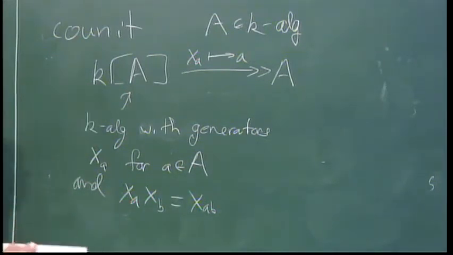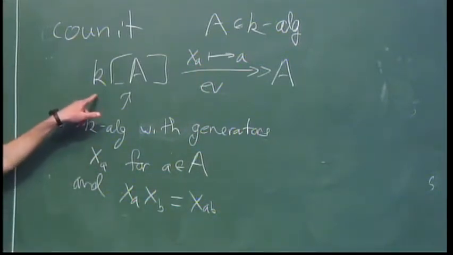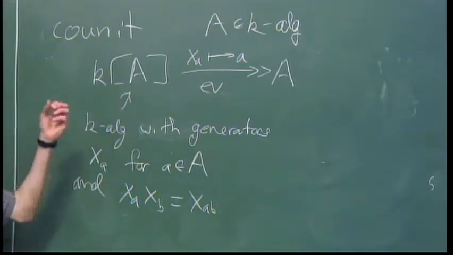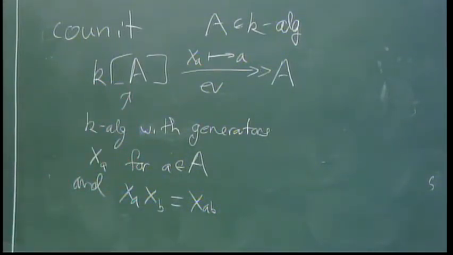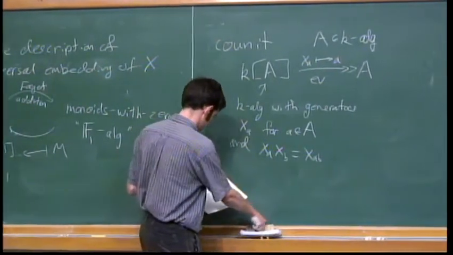So I usually call this the evaluation. It takes a formal K linear combination of elements of A and evaluates it to an element of A using the arithmetic of A. So this map here, you have it for any algebra. This happens to be the co-unit of this adjunction. You don't need to know any category theory from this point on.